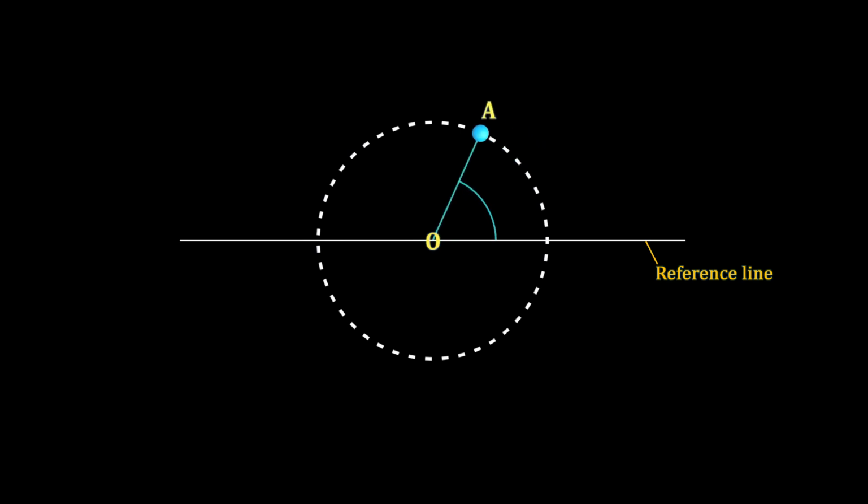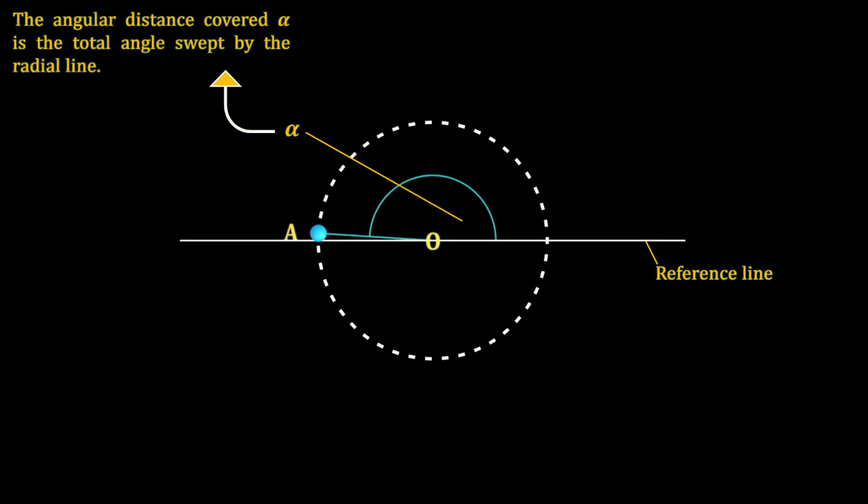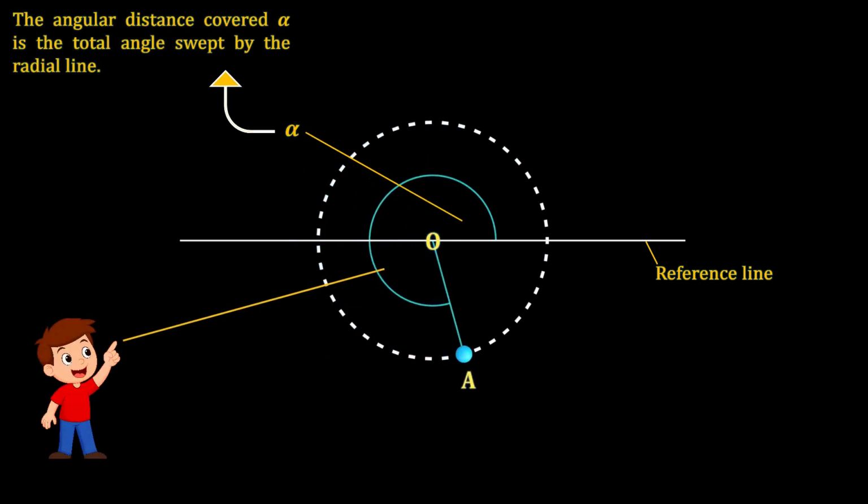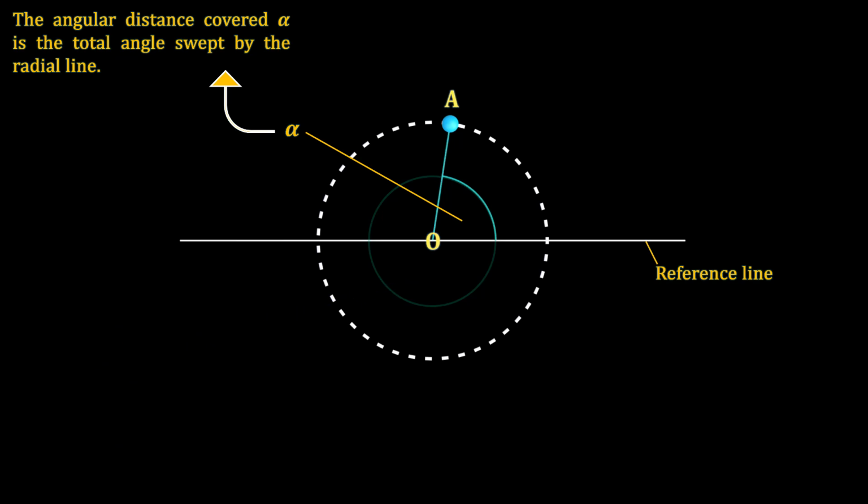On the other hand, the angular distance covered, alpha, is the total angle swept by the radial line. Here at that instant, after completing one full revolution, the angular displacement of the object is theta. The angular distance covered, alpha, by the object is alpha equals theta plus 2 pi times 1.